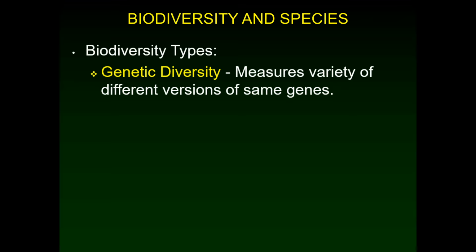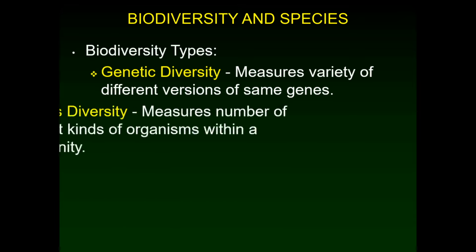Having a high amount of genetic diversity is thought to be a good thing, because if a disease or some environmental factor comes in, and certain versions of that gene are eliminated through natural selection, you'll have remaining versions of those genes left.